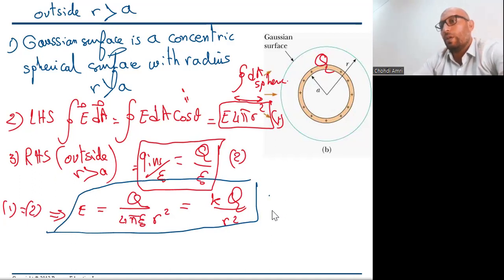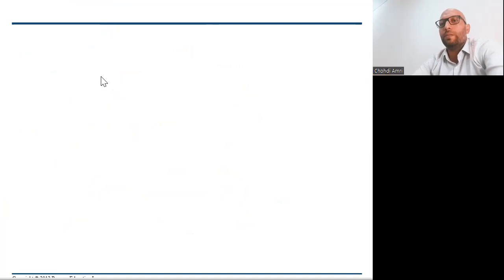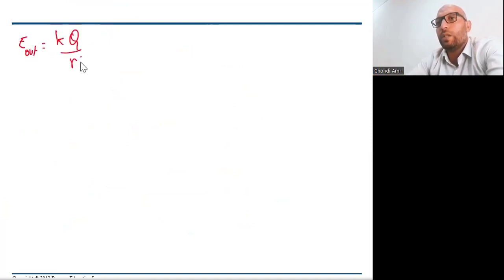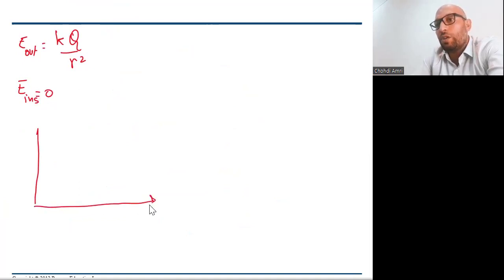If we want to draw the electric field, what do we have? We have E outside equal kQ divided by r squared, and E inside is 0. Okay, so this is the electric field as a function of the distance r.